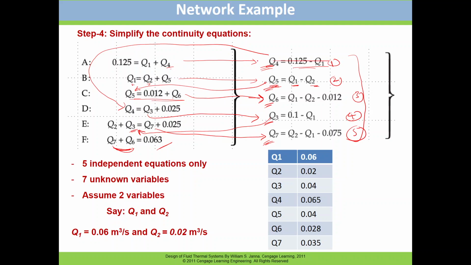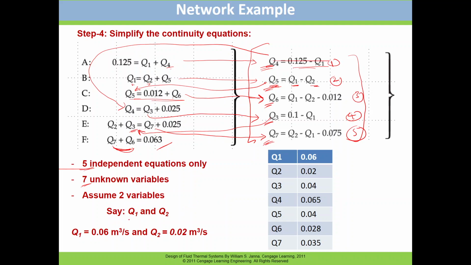So we have 5 equations which are consistent in this system. There are 5 independent equations and there are 7 unknowns, so we cannot solve this system unless we make some simplifications.